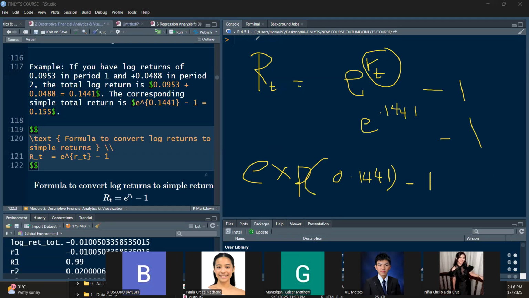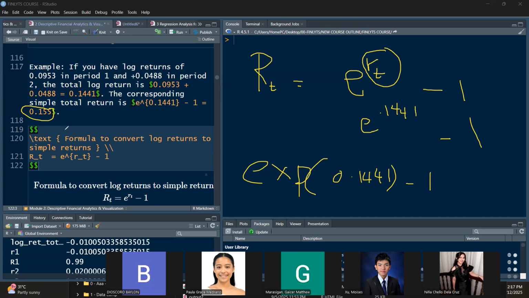Hello, class. Okay, around 1.155, this is not exact, around this one, class. So dropping off the last decimal places, 0.155.